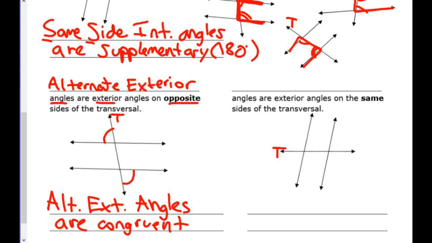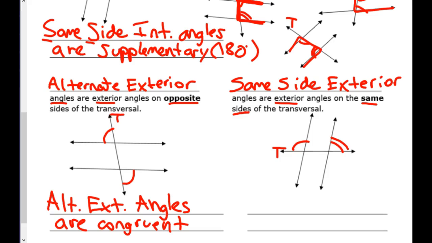All right, and then on the bottom right angle, what kind of angles are on the exterior? Still outside, but this time, same side. So similarly, yeah, same side exterior. If I start with that angle, the same side exterior is on the same side of the transversal, so above, on the other side of the parallel lines.